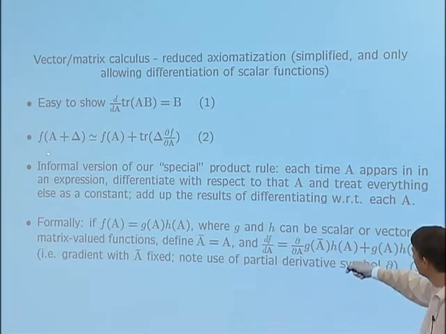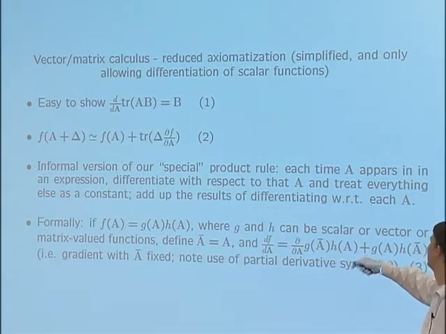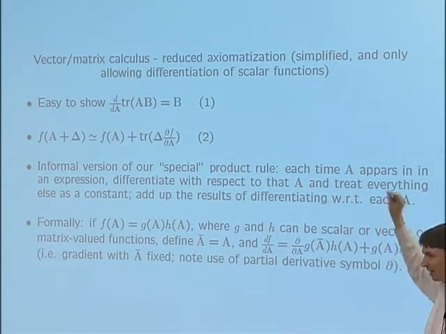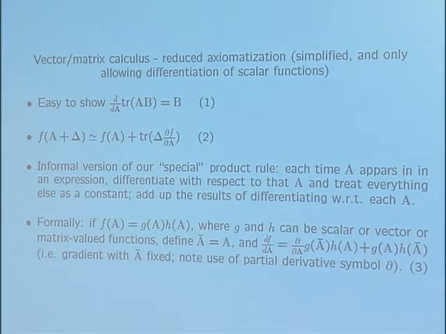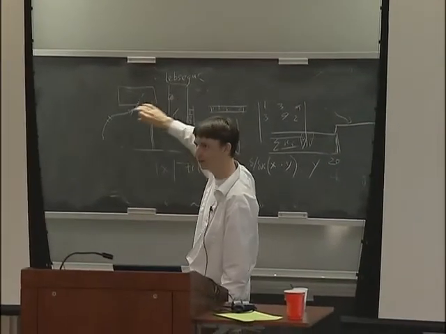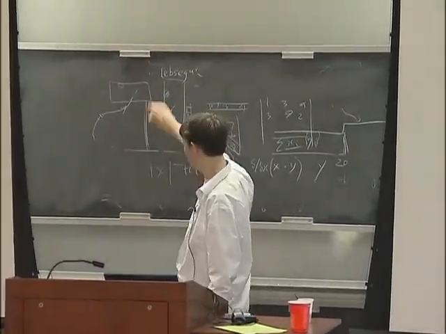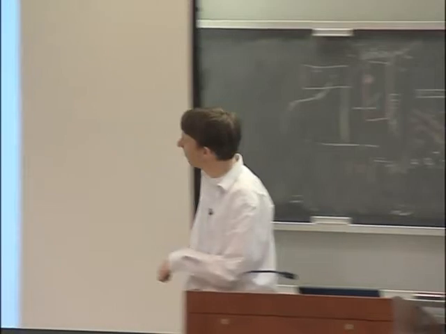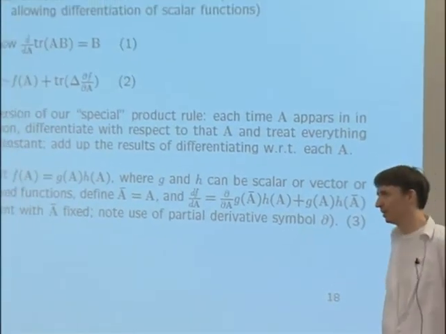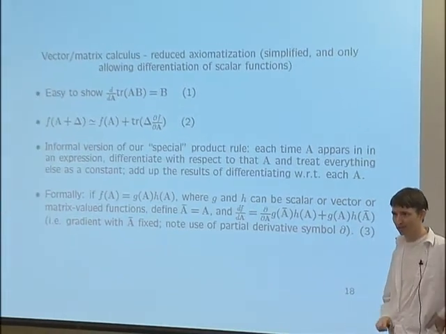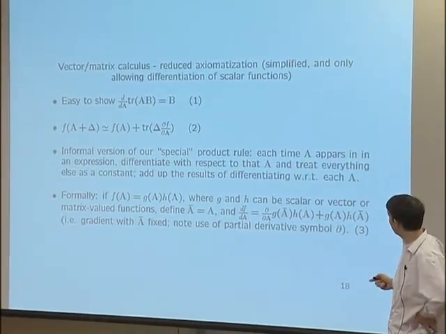So this is approximately equal to f of A at the current location, plus the trace of delta times df dA. Remember that df dA is transposed with respect to A. So if A is this shape, then df dA is this shape, and the product is square. Again, it's very easy to show that this is a linear approximation based on all the definitions.